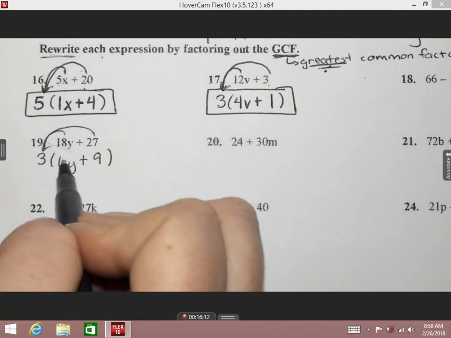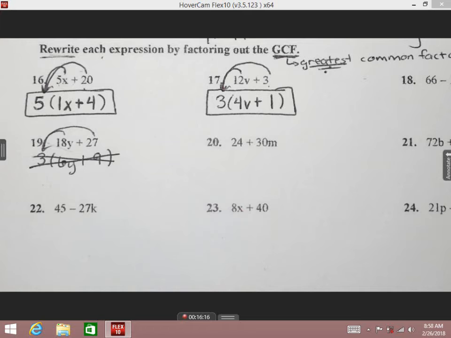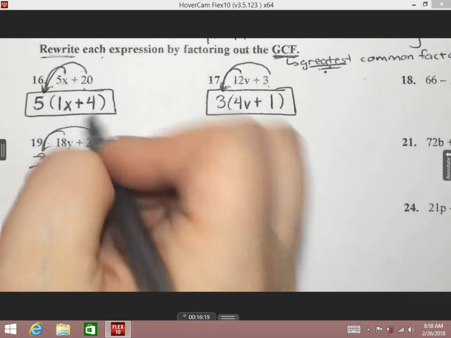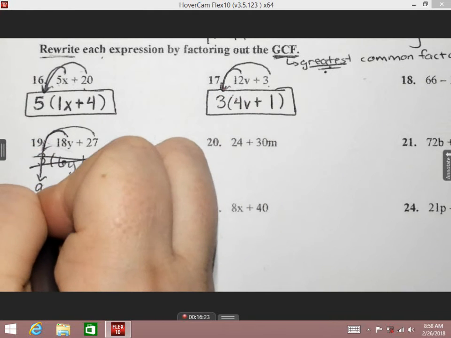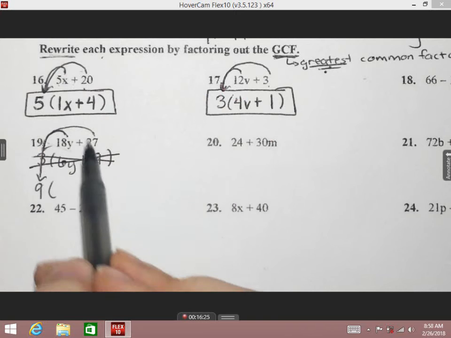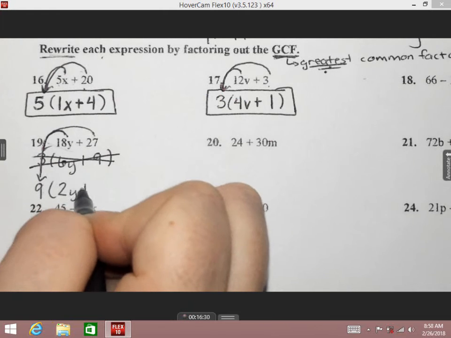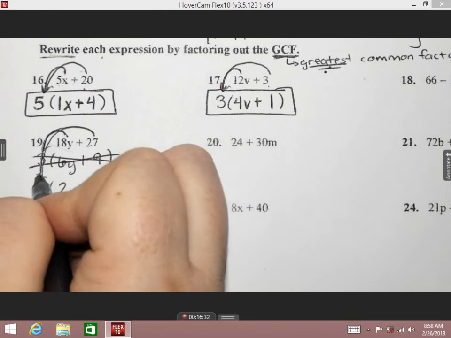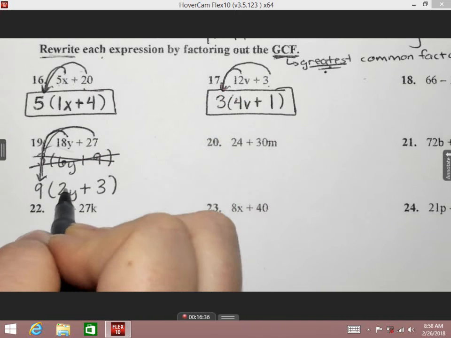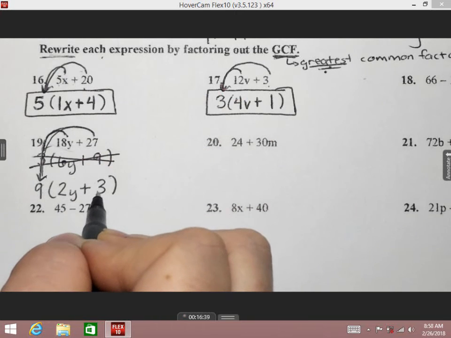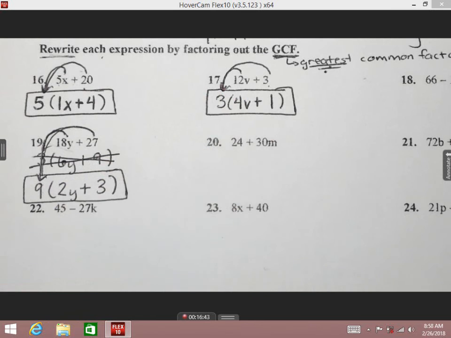If there's still a number that will go into these, we have to pick something bigger. Now, what did we already say was the biggest number? 9. So let's do our 9 and see what happens. 18 divided by 9 gives me 2y plus 27 divided by 9, 3. Is there a number that can go into 2 and into 3? No. So that's what we're looking for. We don't want any other number to be able to work.